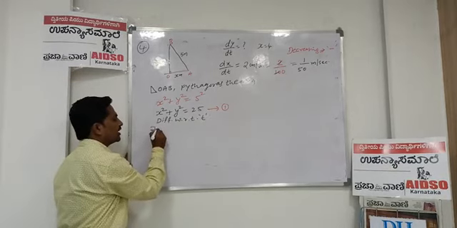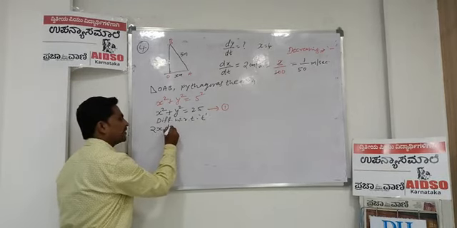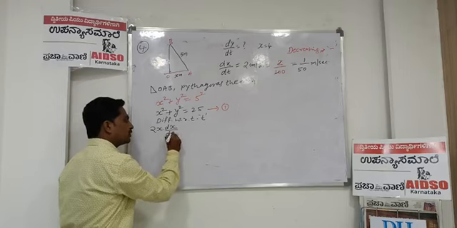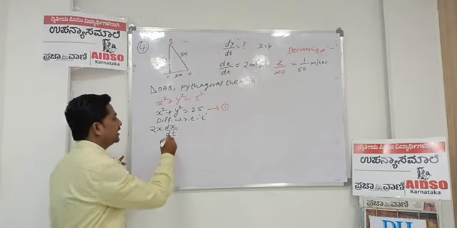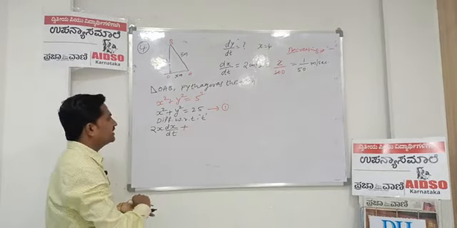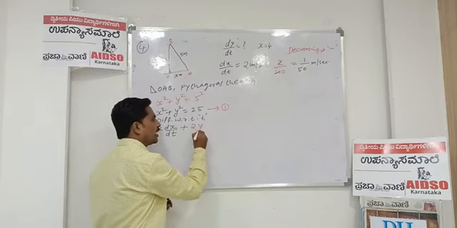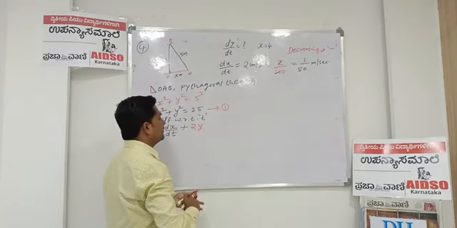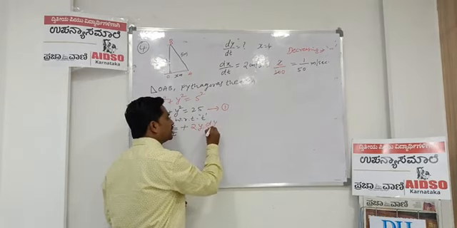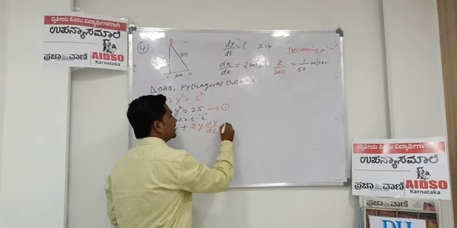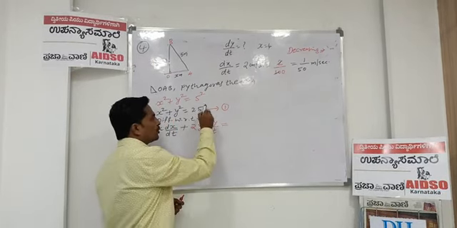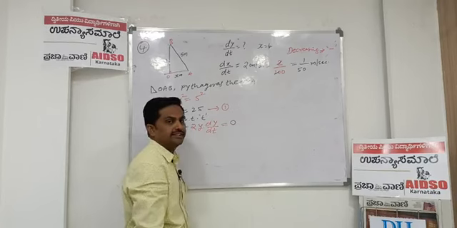The derivative of x square is 2x, and since we differentiate with respect to t, it is dx by dt, plus the derivative of y square, which is 2y times dy by dt, equals the derivative of a constant, which is 0.